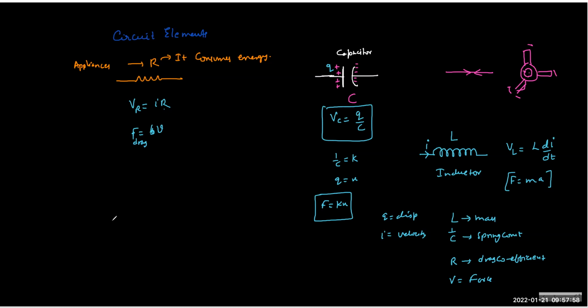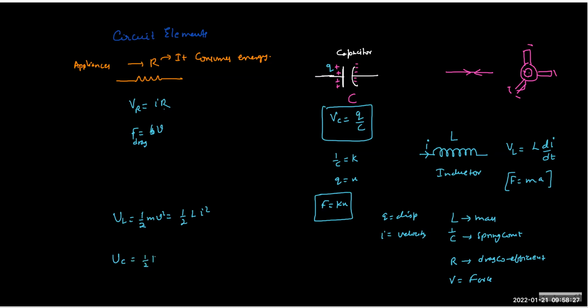So what is the energy stored in the inductor? Think of the kinetic energy formula, half mv square. So it is half L I square. And the energy stored in the capacitor: the energy in a spring is how much?